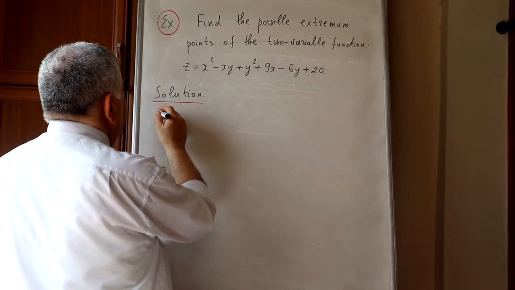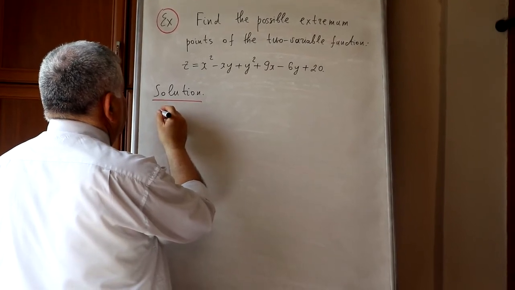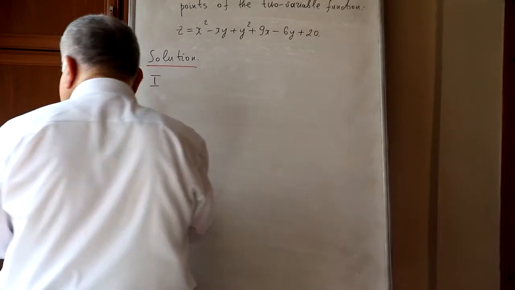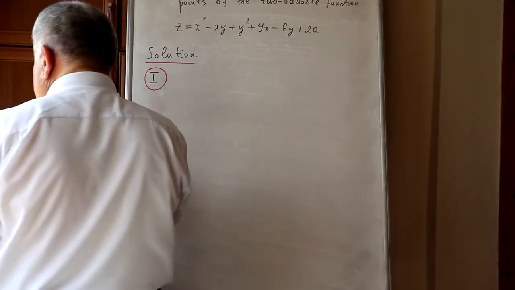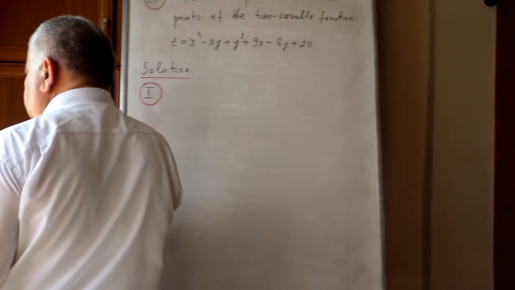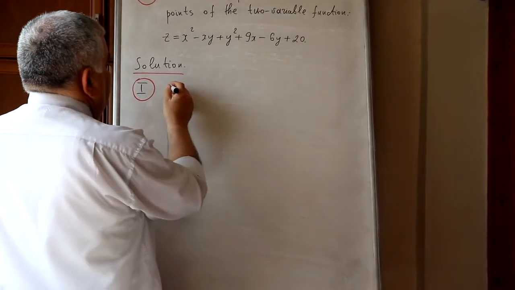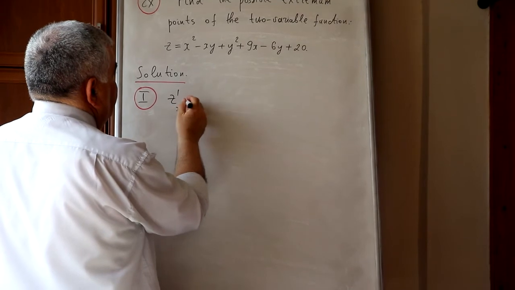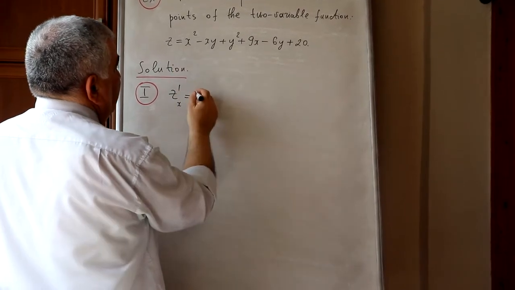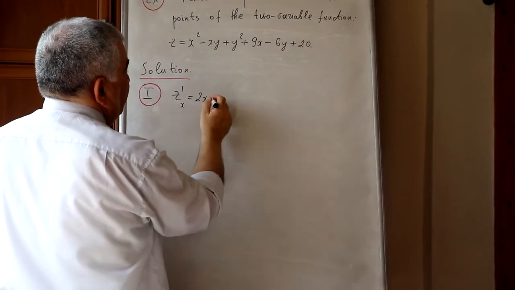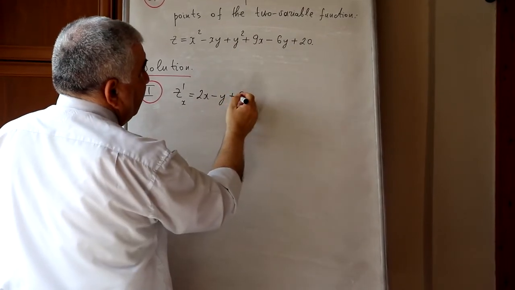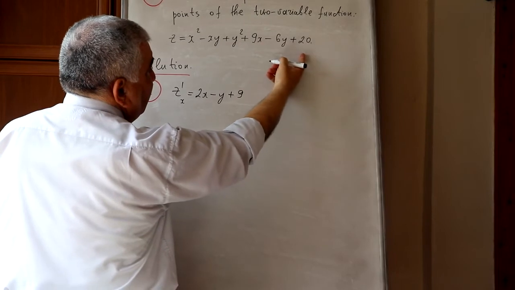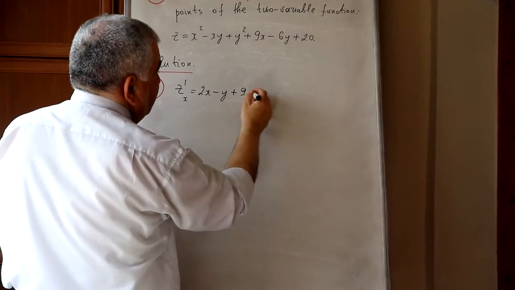First, the partial derivative: z prime with respect to x is 2x minus y, plus 0 plus 9, and the constant terms are also zeros.